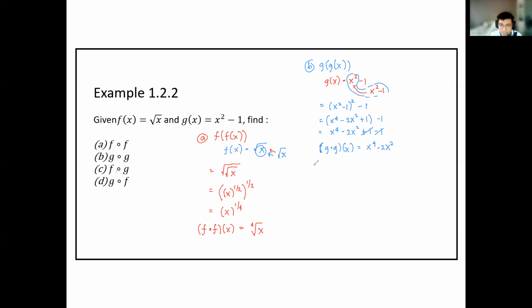Okay, now let's move on to letter C so you can fully appreciate this topic, composite functions. So this time we're going to have the f of g of x. Oh, sorry.